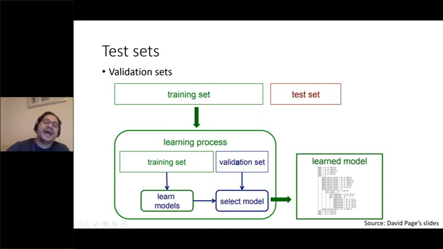We need to test it again against something completely blind, which is the test set. This test set has never met this selected model. They have never interacted directly or indirectly. And we want to see if the accuracy with the test set is as good as the accuracy with the validation set.